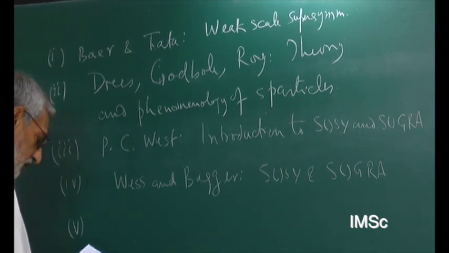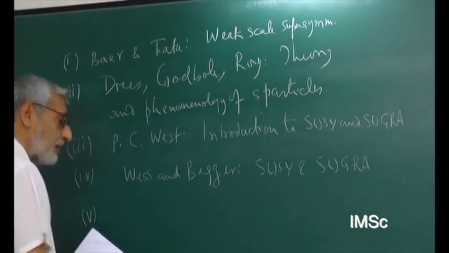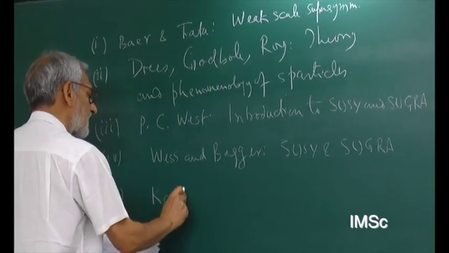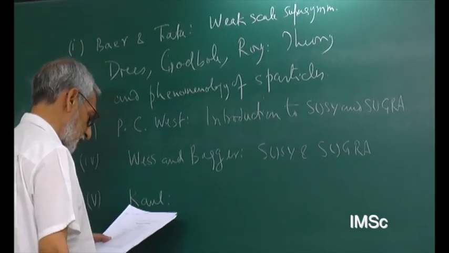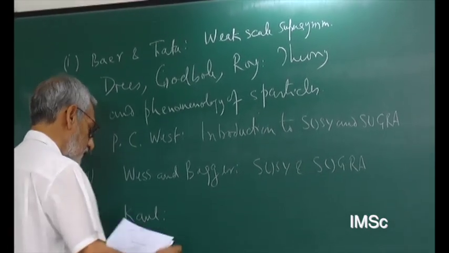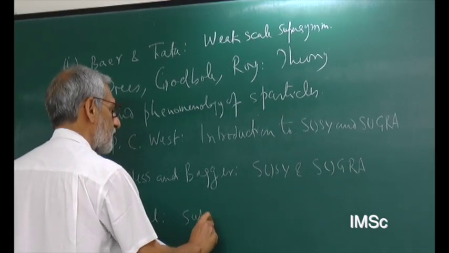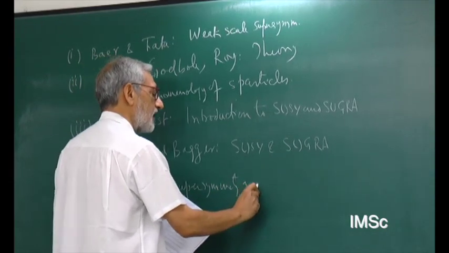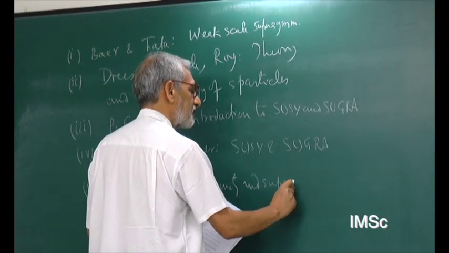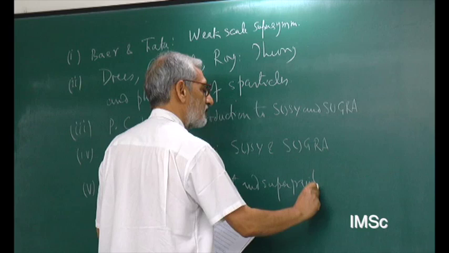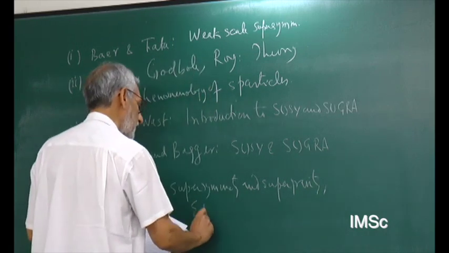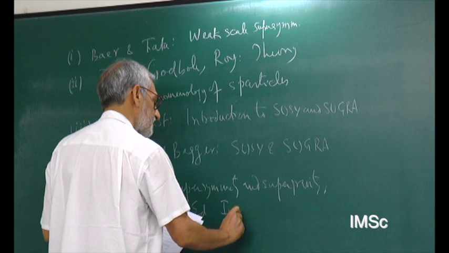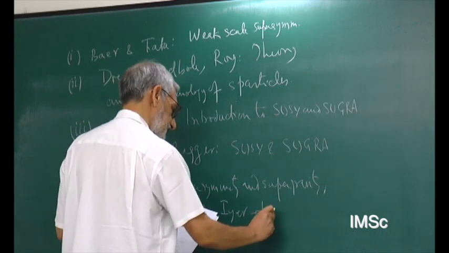Many years ago, there was a school organized by the University Grants Commission where I had lectured. So there's an article which has been published in a book now called Supersymmetry and Supergravity. It's a book edited by Bala Iyer and others.